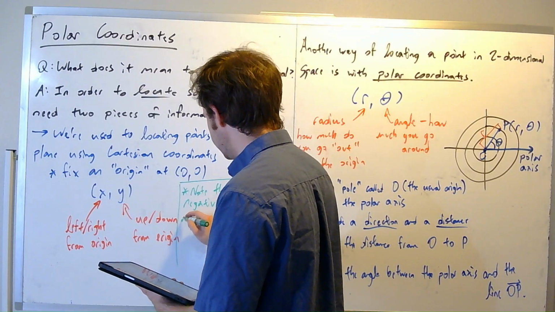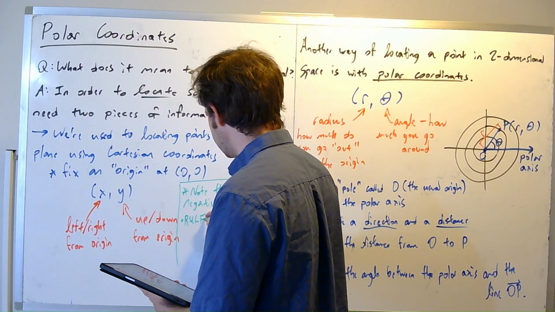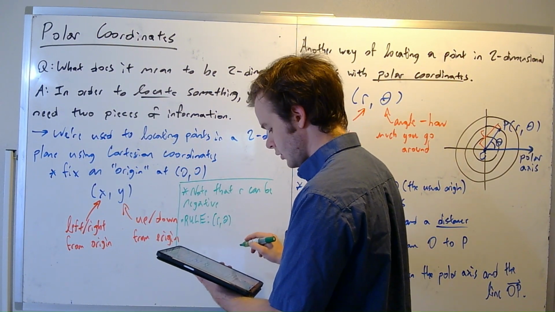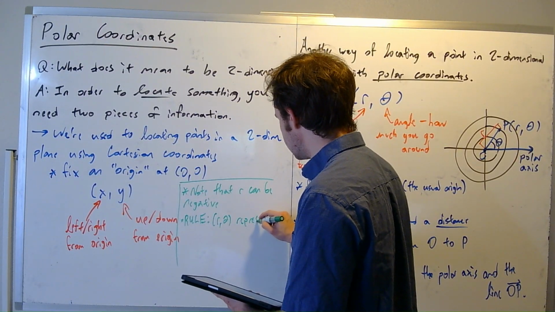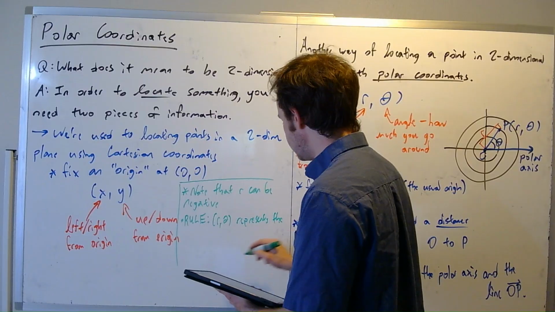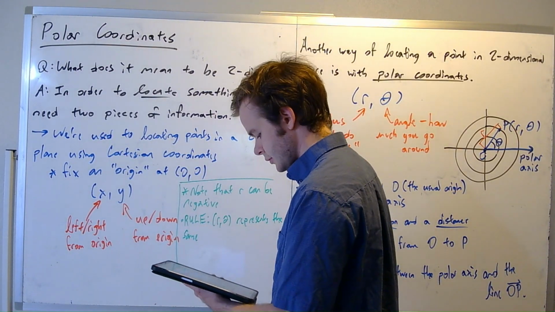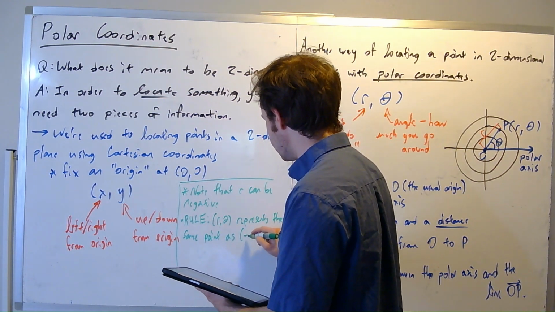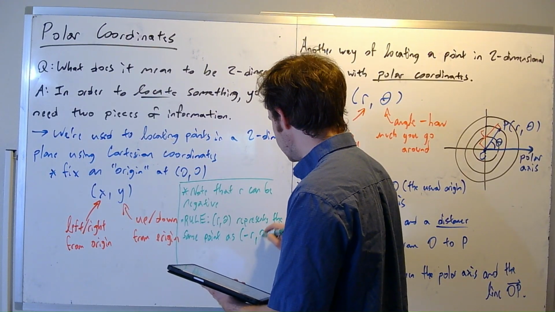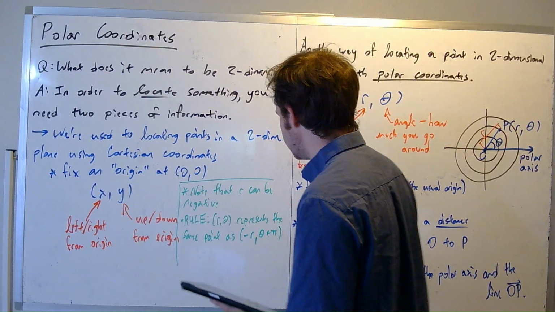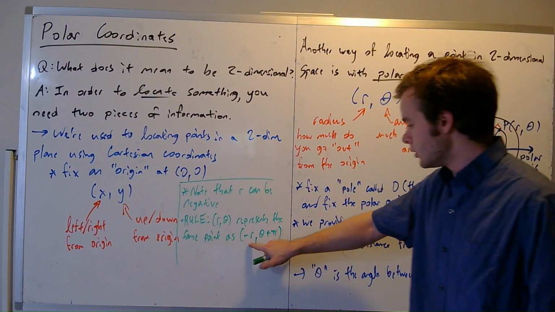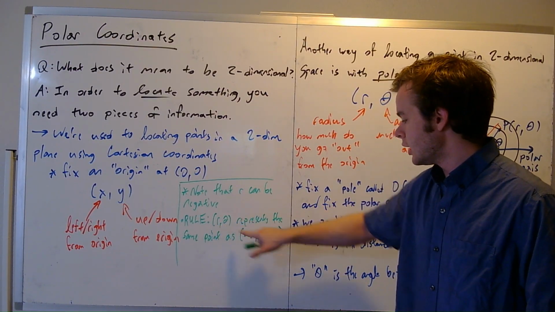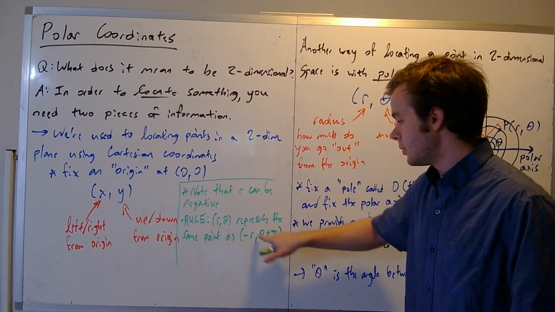Here our rule is that point r comma theta represents the same point as point negative r comma theta plus pi, right? So if you're given a point with a negative radius, all you have to do is make that radius positive and then subtract pi or add pi to the angle.